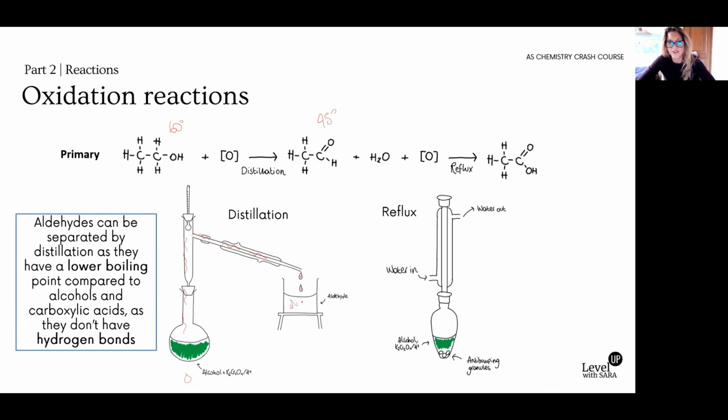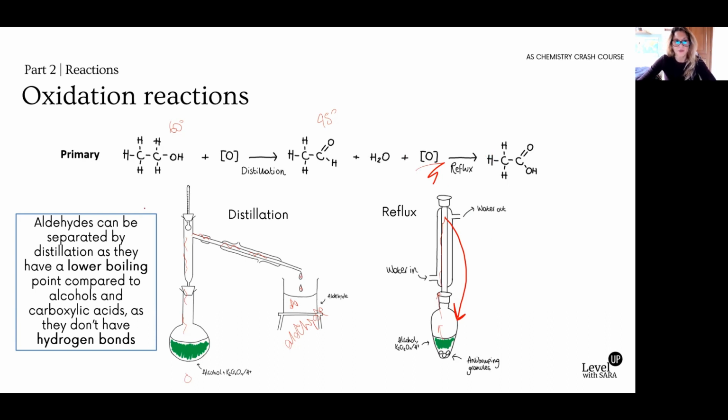So with distillation, we can obtain the aldehyde, simply because as soon as it forms, it evaporates and it's separated straight away. But reflux is different, because if the aldehyde is formed, it evaporates, but then it condenses over here. There is no way out. It condenses back down in the flask, in contact with more oxidizing agent, and that's why the oxidation would continue further.